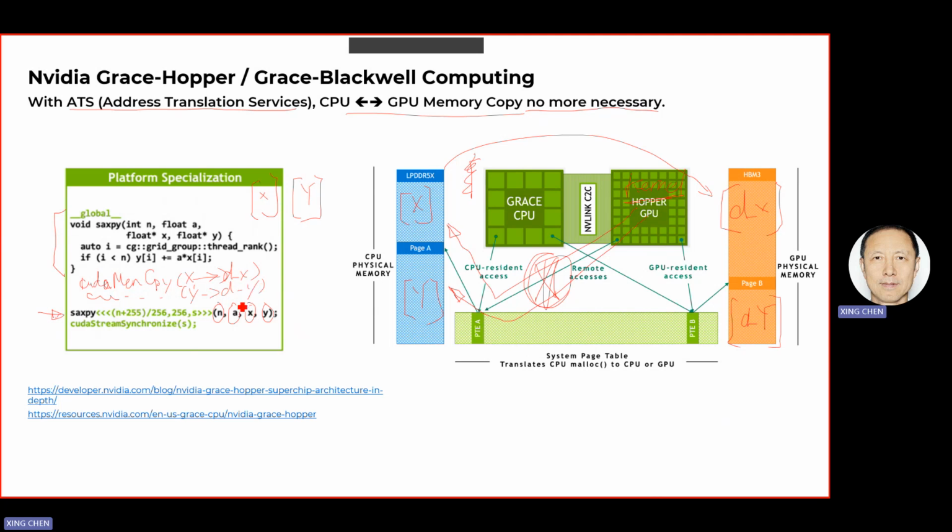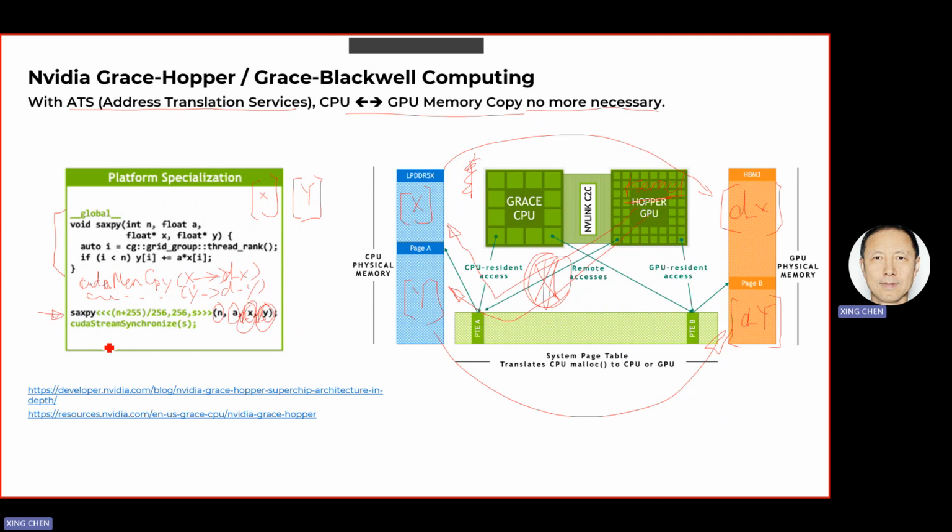You have to do this y to d_y because you ask the kernel to work on data that has to be located in the GPU memory, because the GPU cannot access the CPU memory. For this kernel to work correctly, you have to do the memory copy. And here your call will be with d_x and d_y as the two parameters.